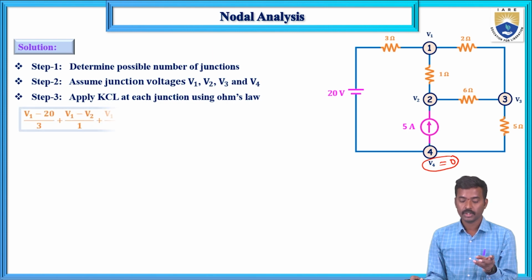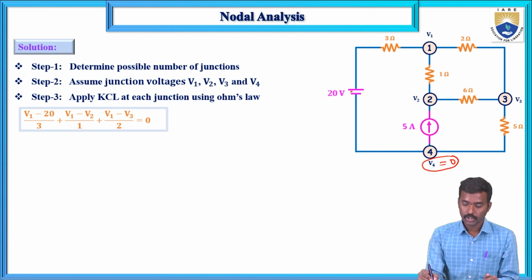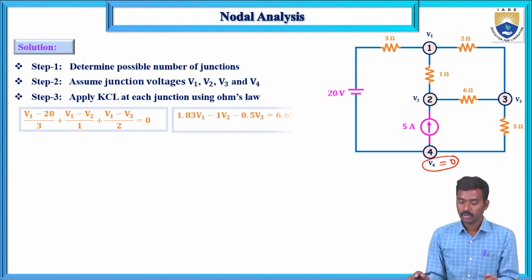Apply KCL. Step 4. (V1 minus 20) by 3, (V1 minus V2) by 1 and (V1 minus V3) by 2 is equal to 0. So that means 1.83 V1 minus 1 V2 minus 0.5 V3 is equal to 6.67.